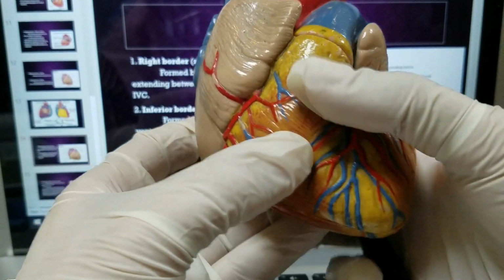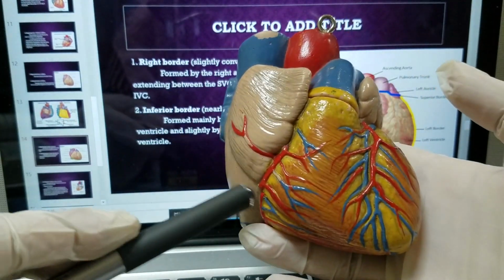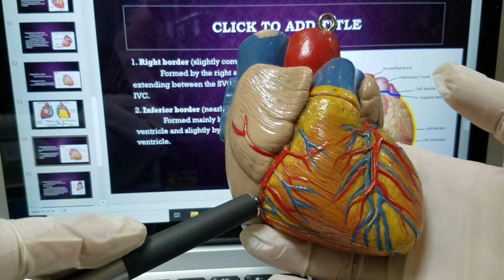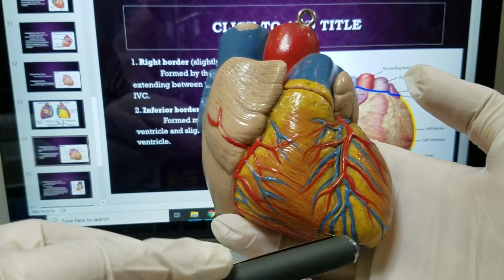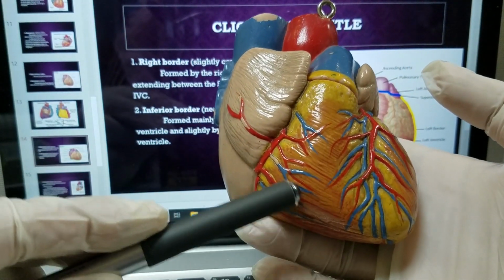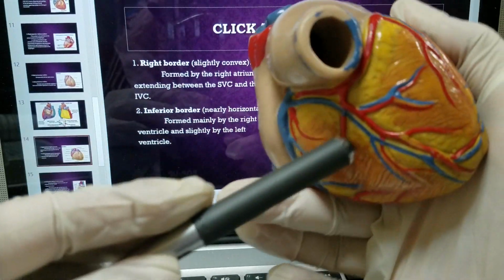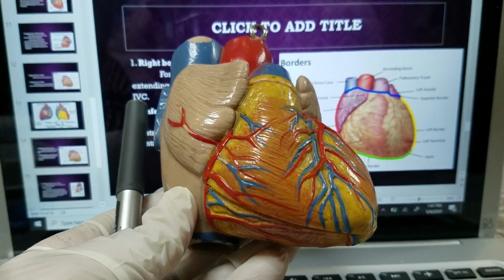Then there is the inferior border. The inferior border is this one. It is almost horizontal. This border is formed mainly by the right ventricle and a little part of the left ventricle. It separates the anterior surface from the inferior surface of the heart, or the diaphragmatic surface of the heart.